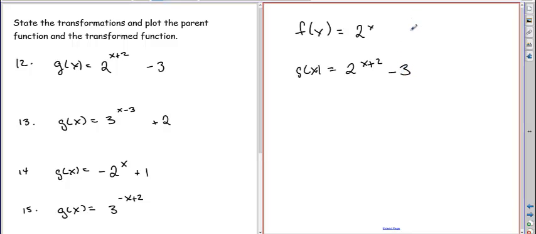Remember, the transformations have a similar form to what we've had before: a to the x minus h plus k. So the number in the exponent is the x shift. So we'd say x shift minus 2, y shift minus 3.